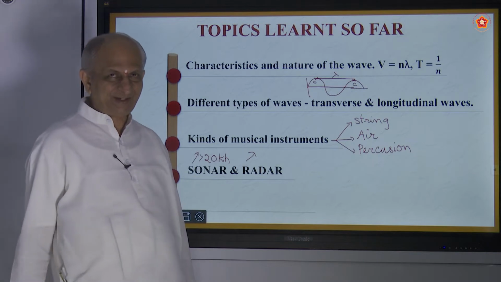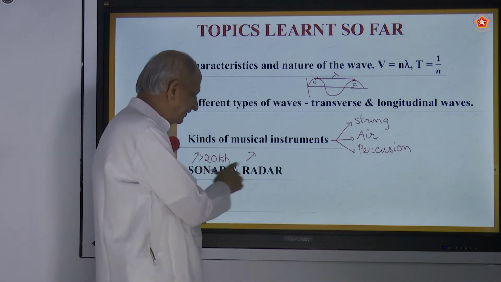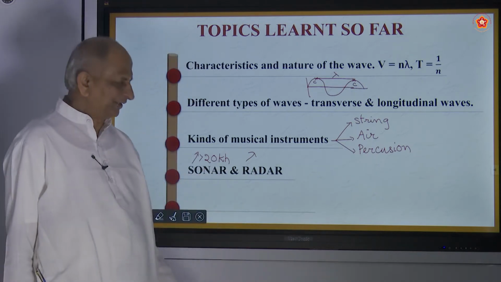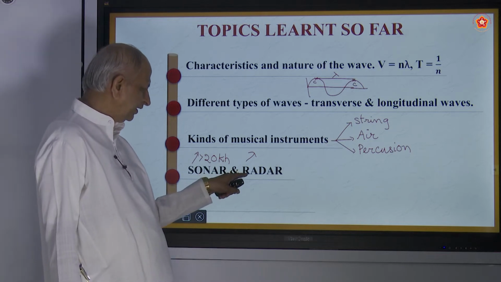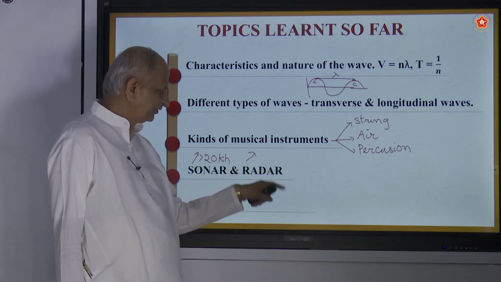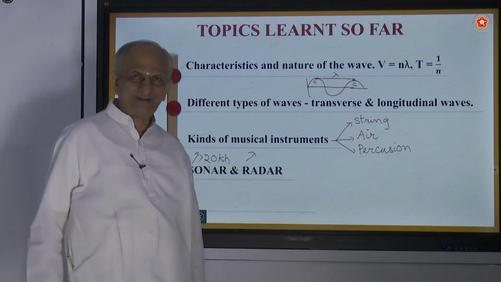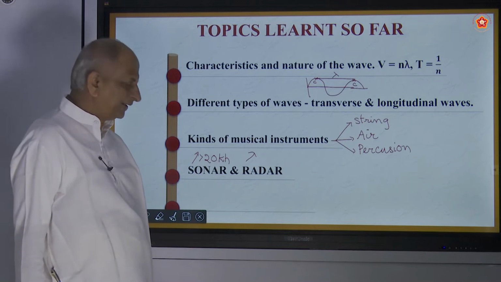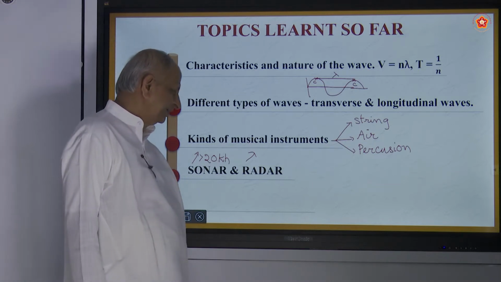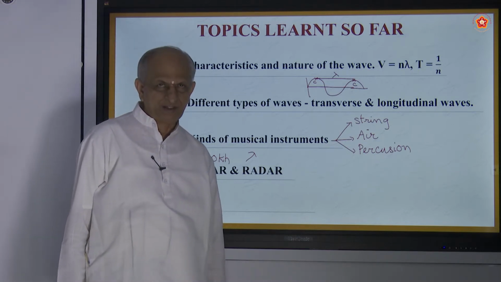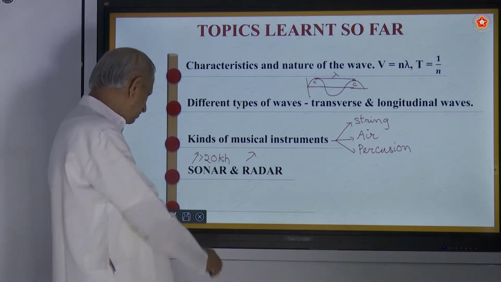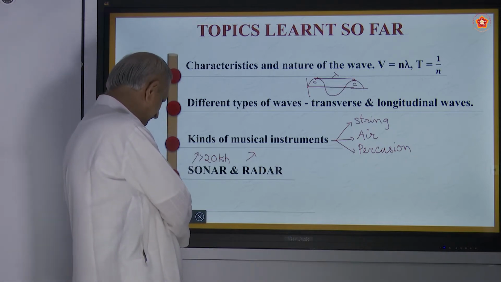Otherwise it cannot come so easily. So this is an important expansion. It is used to locate the air traffic signal system, to find out the movement of flights, and the movement of satellites, and all that. That is how radar and sonar work.